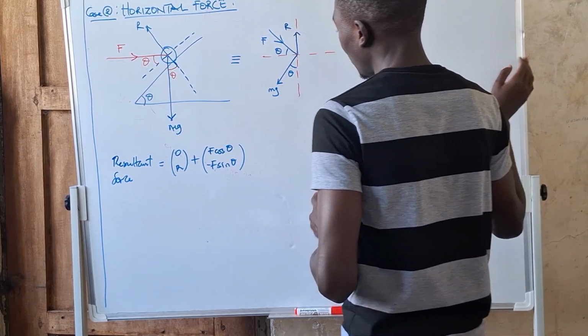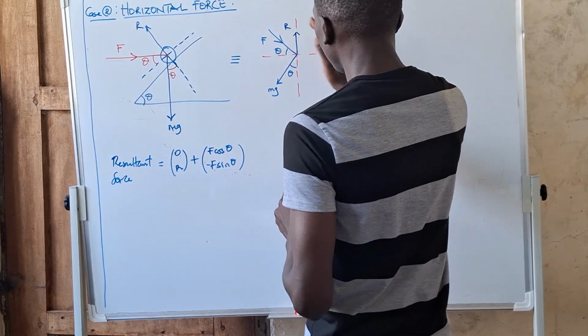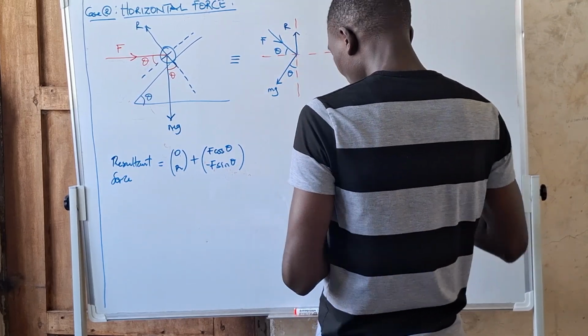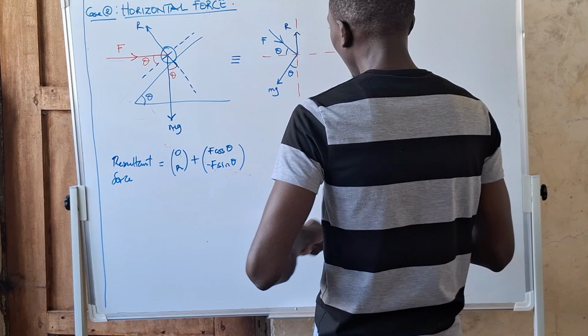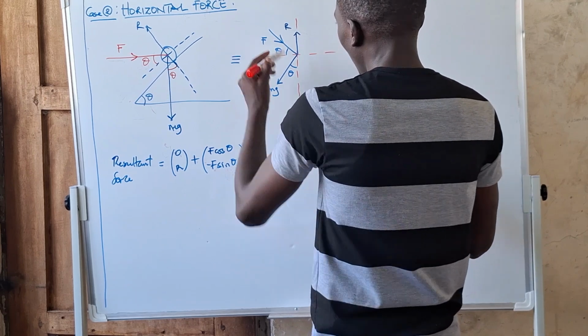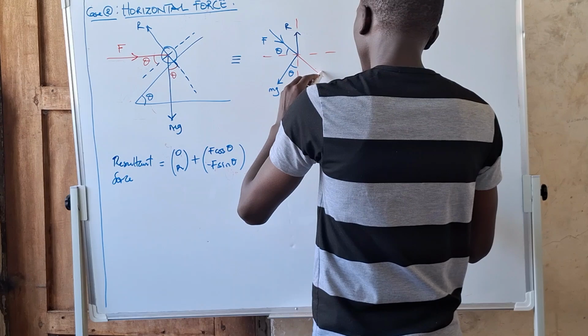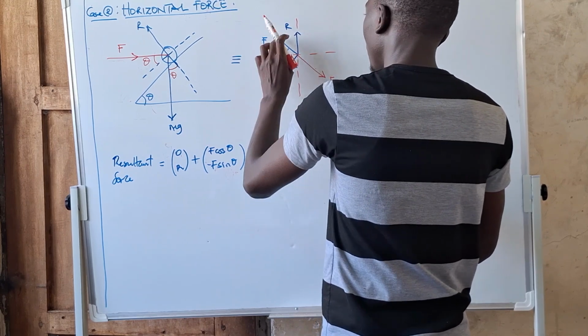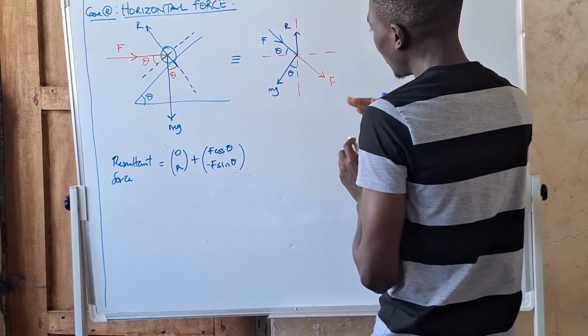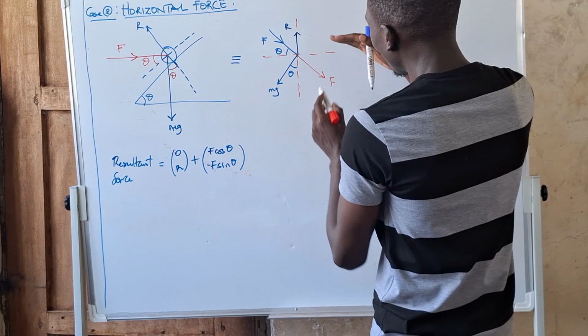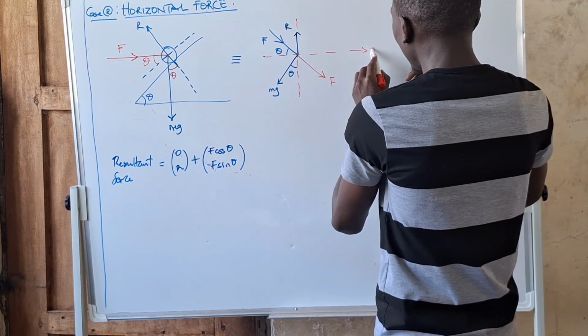Why? Because if I bring this force here, it will point downwards. Actually, the best thing to see, if you are to look at this, when I continue with this force F, the force F is actually this side by virtue of its arrow. That means that when I resolve it horizontally, it will be pointing in this positive direction.